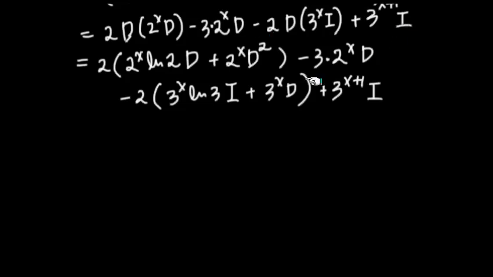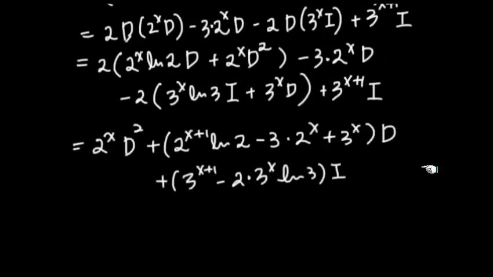So we have this. What I'm going to do is collect the same thing that is on the right. D is on the right, and D is on the right, and D is on the right. We're going to collect them. D squared is the only thing here. So here it is. There were 3 terms with a D on the right, so you can factor out like this. And D squared and I are the single terms with those factors. Actually, no, I has this one. There's another term with I in it.